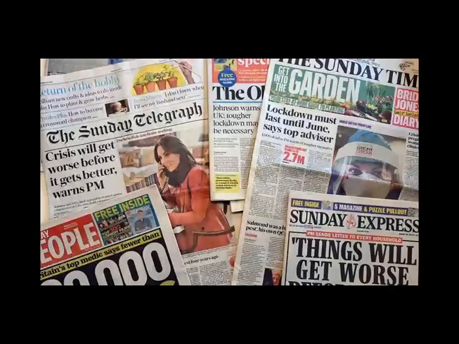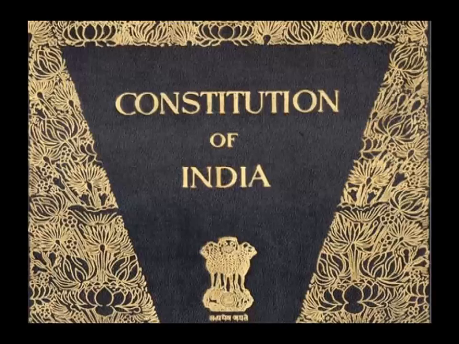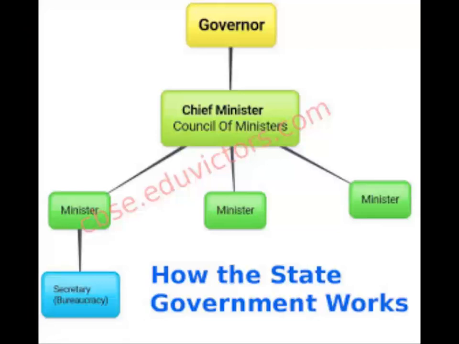Next topic we will take, that is the governor. The governor is the constitutional head of the state. He is appointed by the president of the country. He appoints the chief minister and other members of the council of ministers.